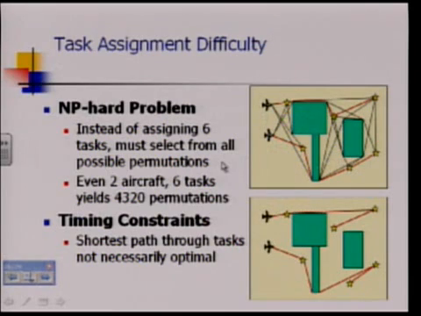This is already 4,320 solutions you have to search. And then the timing constraint, of course, is based on the shortest paths through tasks. And if you only consider the shortest paths problem, which later we are going to show, finding the shortest paths is not very difficult.